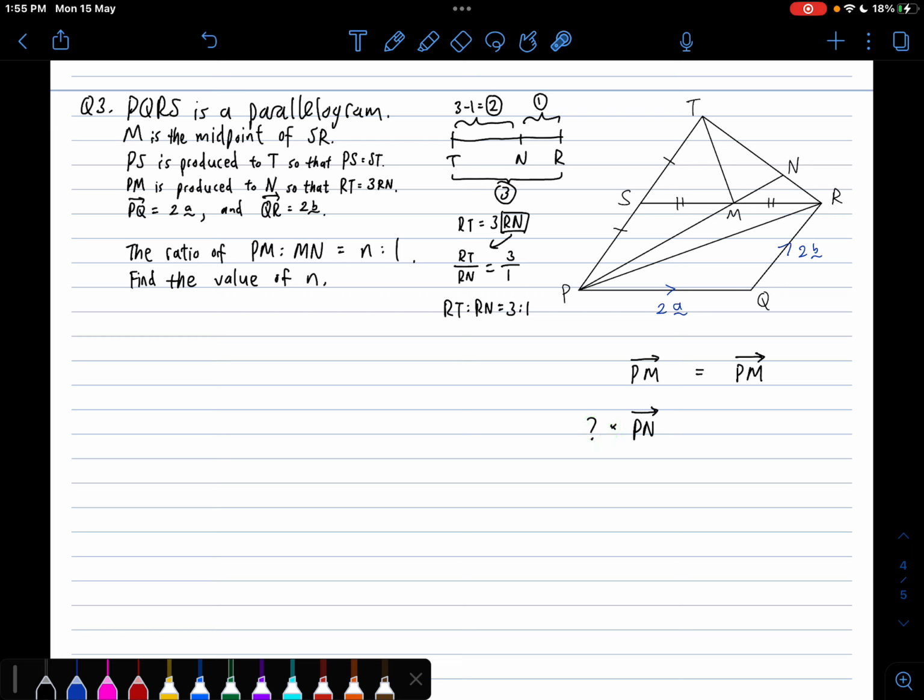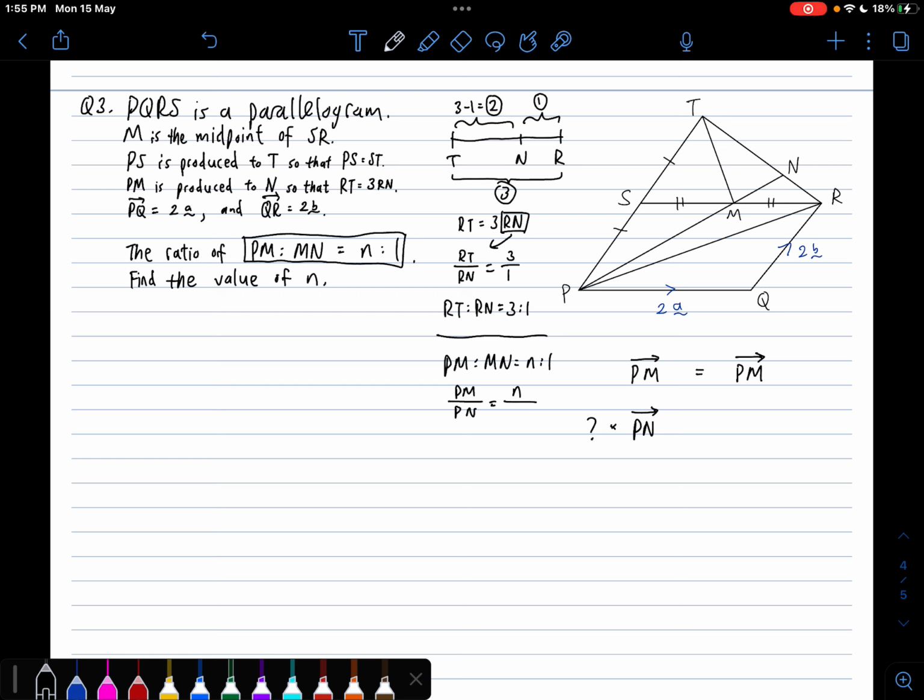But can you figure out what that scalar multiple is? Yes, you can. Why? Because they told you a ratio here. PM to MN. Let me just draw a line to separate the working. PM to MN equals n is to 1. So what does it mean about PM to MN as a fraction? It's really just n is to... Sorry, PM to PN. Sorry, I meant PN here.